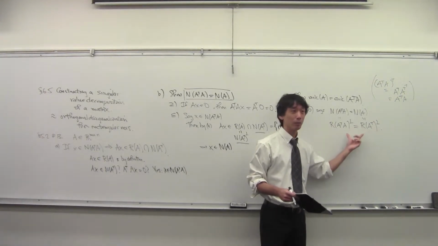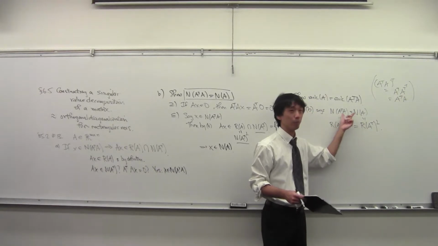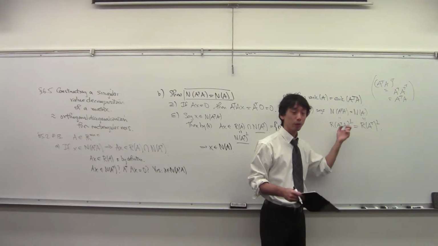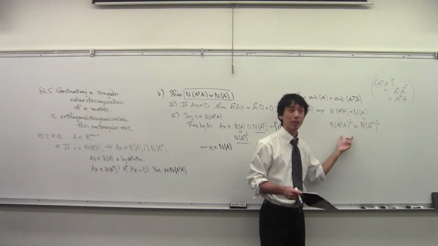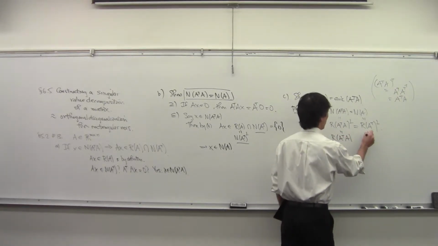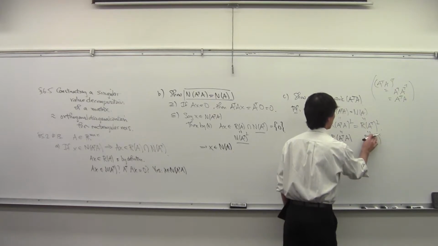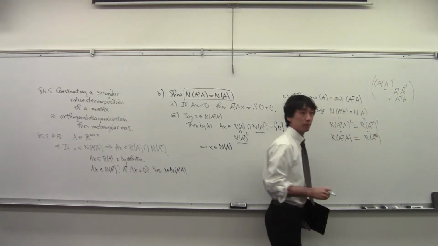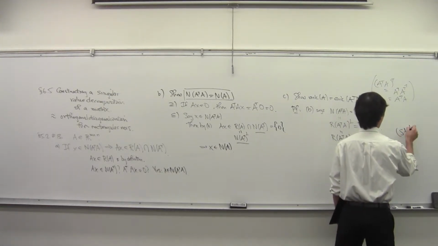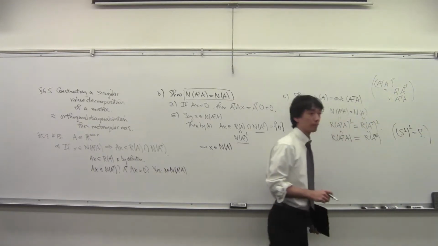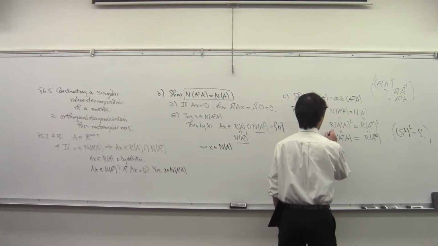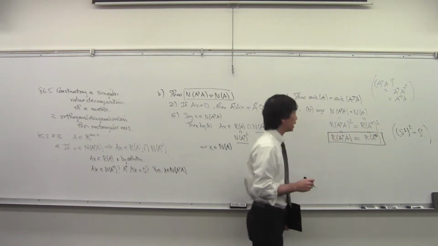We had a theorem that says the orthogonal complement of the orthogonal complement is the original space, S perp perp equals S. So this comes back to just the range of ATA, and this comes back to the range of AT. So we get that the range of ATA and the range of AT are the same.